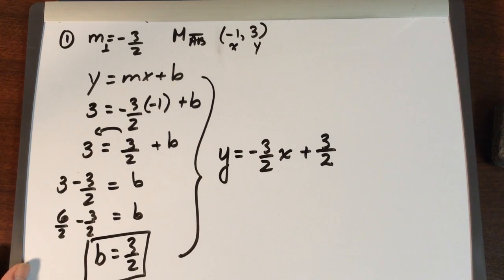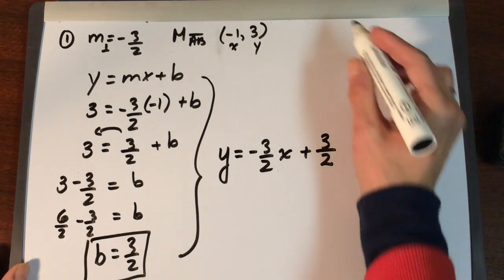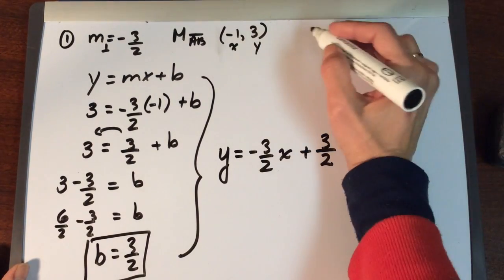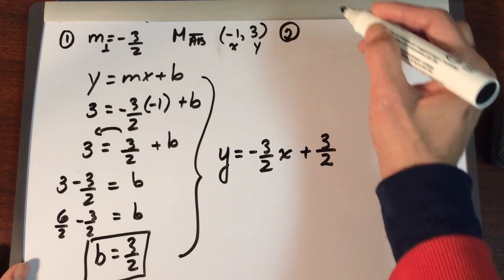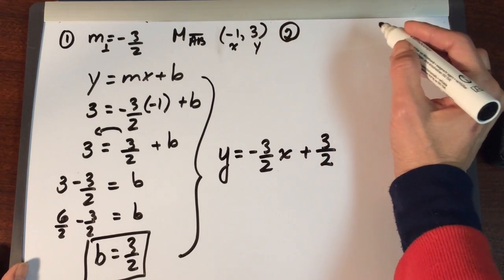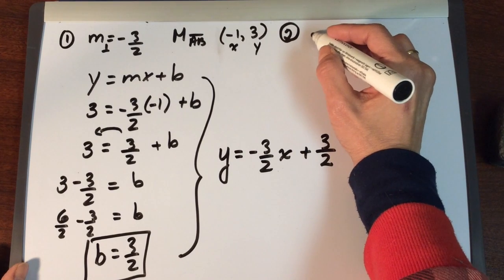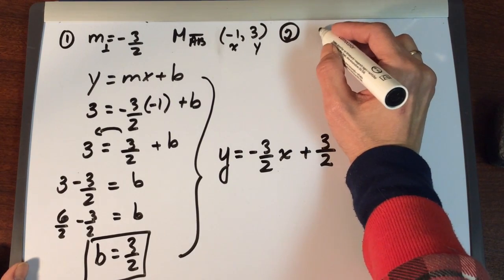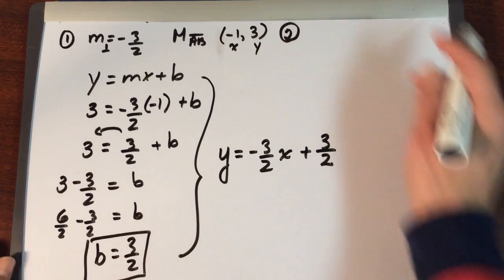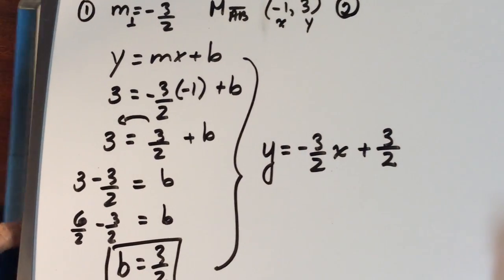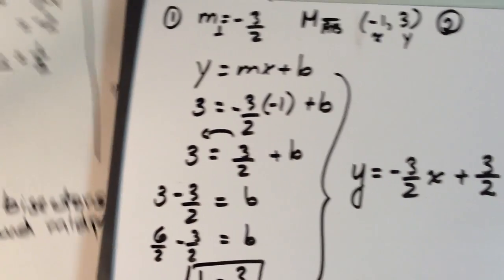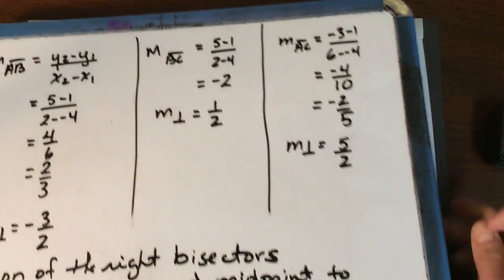Now you can do that for every one of these. So the next one you would do would be number 2. And for number 2, we would use the point and the perpendicular slope, which, if we can just remember here, we did them all here. Here they are.